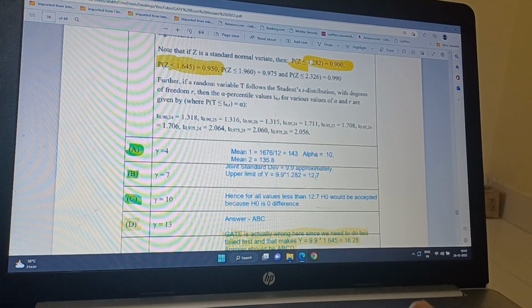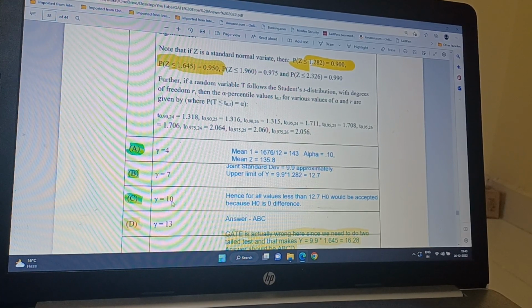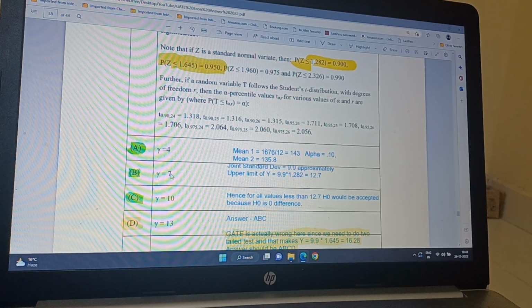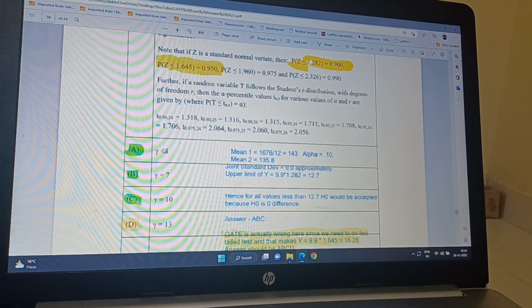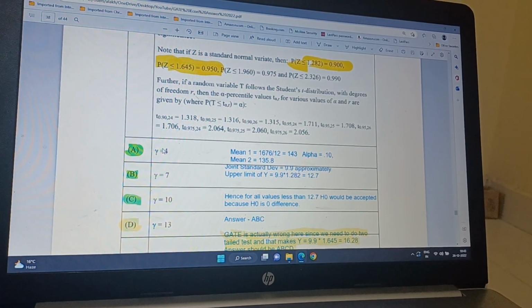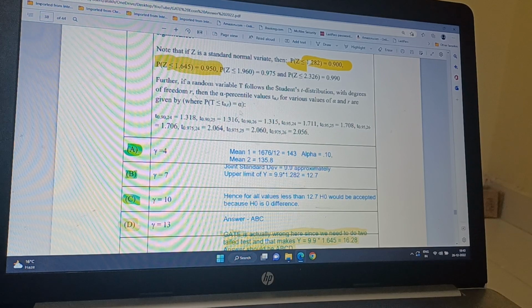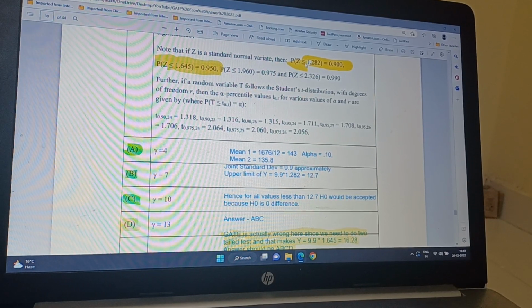So that gives these figures: 10 is less than 12.7, 7 is less than 12.7, and 4 is also less than 12.7. So these three are definitely the answer if we take one-tailed test.